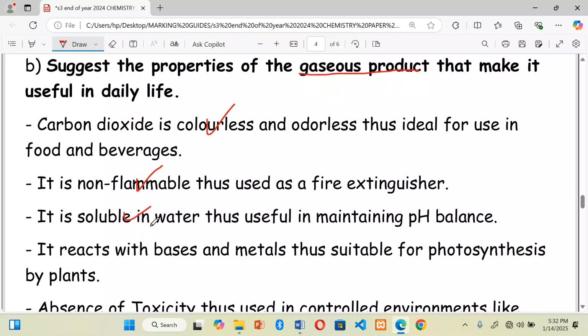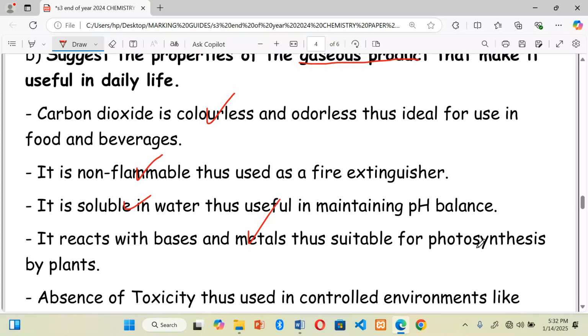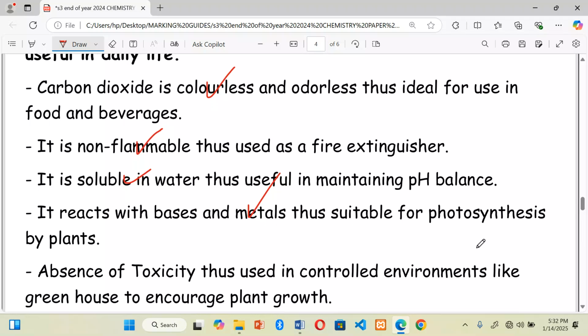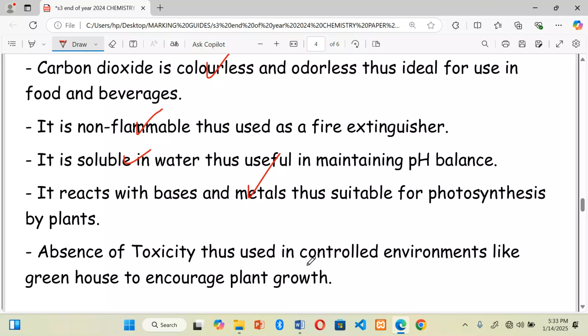Number 4, it reacts with bases and metals. That's suitable for photosynthesis, because it is able to react with these, that's why it can be used for photosynthesis as they dissolve in water in the soil. The last point, absence of toxicity. That's used in controlled environments like greenhouses to encourage plant growth.